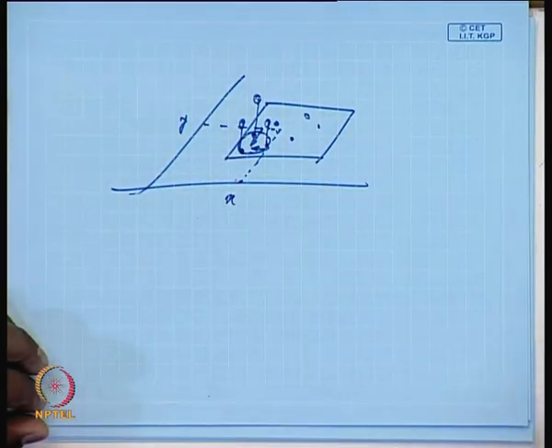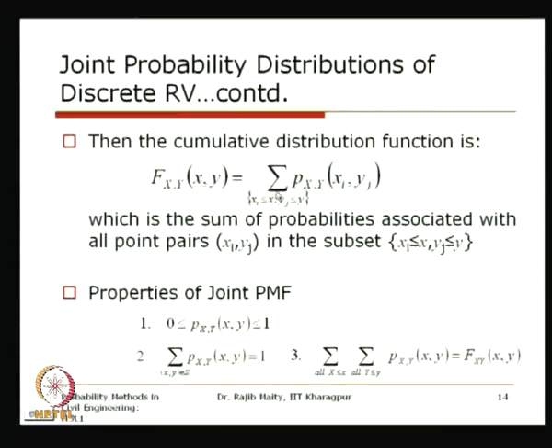As this is the discrete case, we are just adding them up through summations, which is the sum of probabilities associated with all pairs xi, yj in the subset of this case, that is xi less than x and yj less than y.